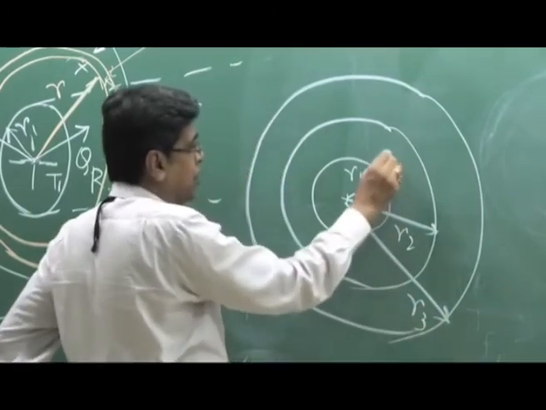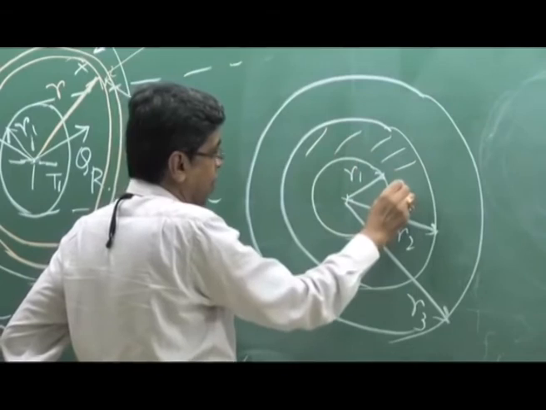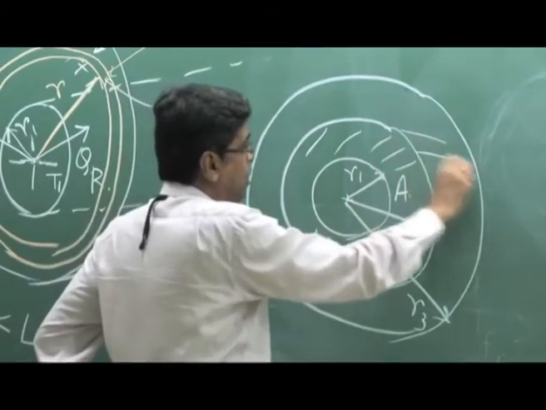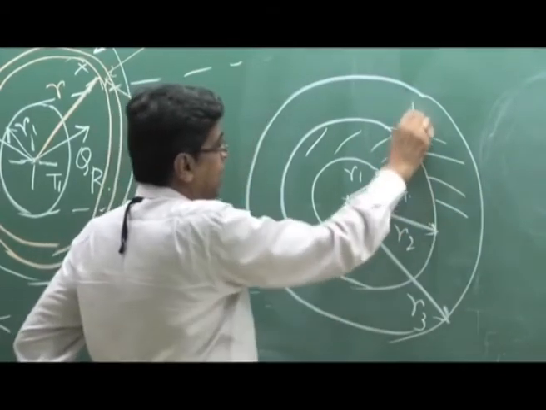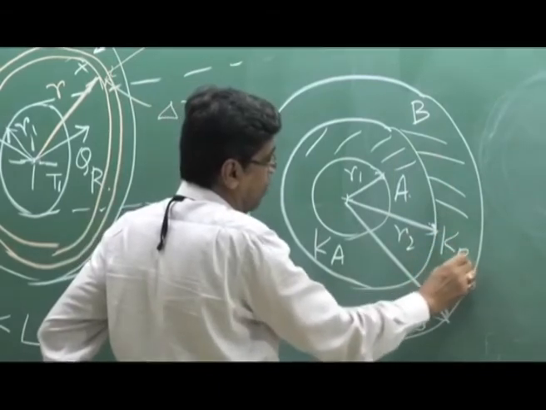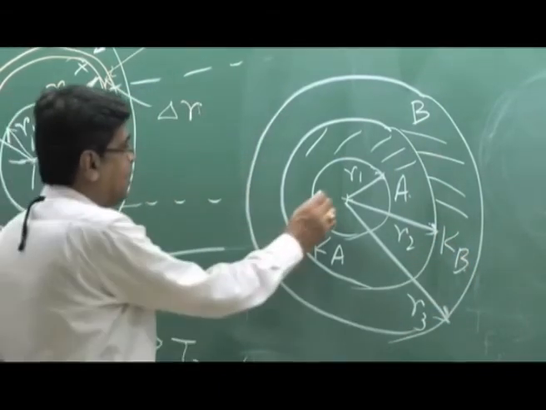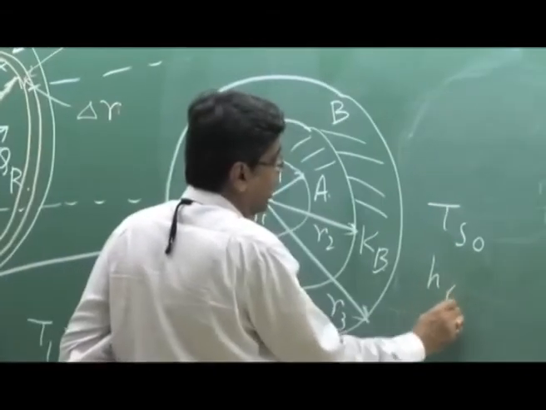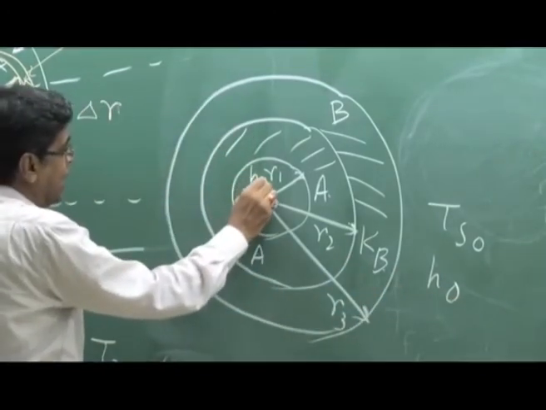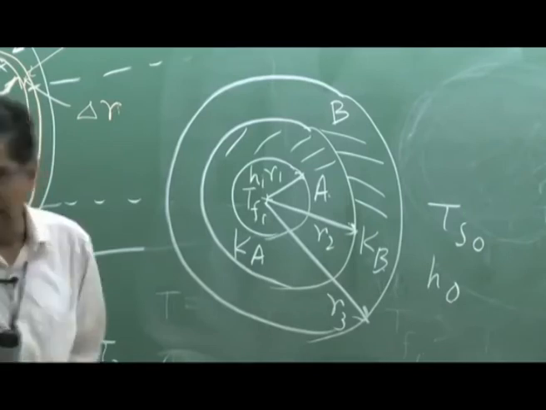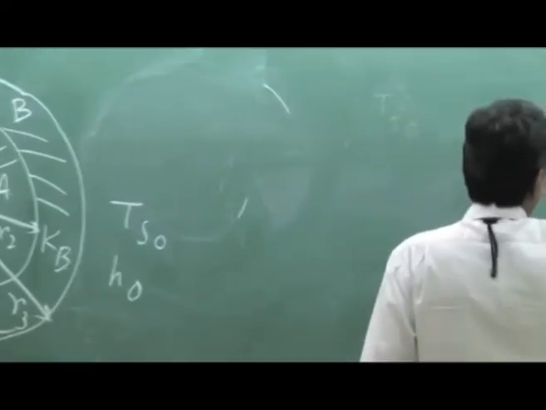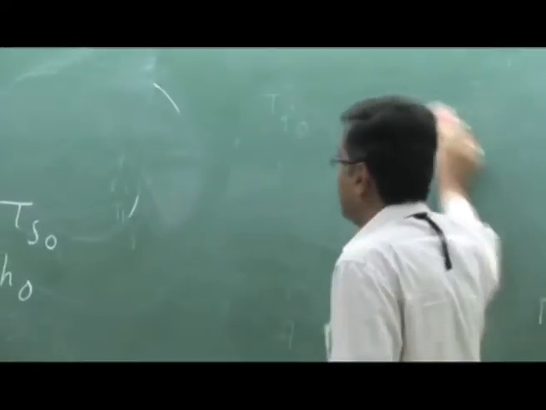Then R1 to R2, this is material A with thermal conductivity Ka, and R2 to R3, this is material B with thermal conductivity Kb. And if we have the similar TFI and TFO with Ho and Hi heat transfer coefficients, then your circuit will be the same with another added resistance, which is very simple to conceive, and we can draw the network like this.